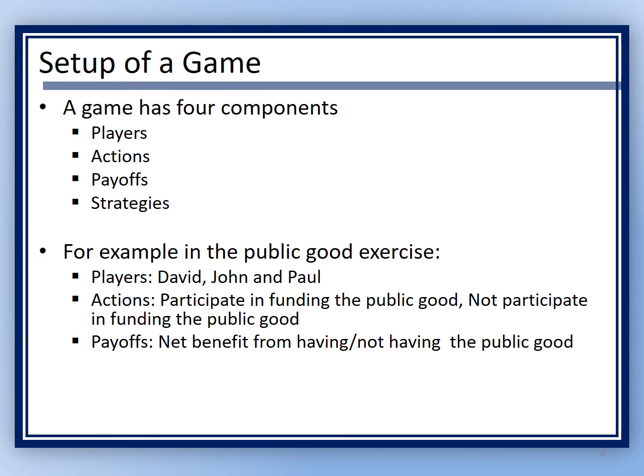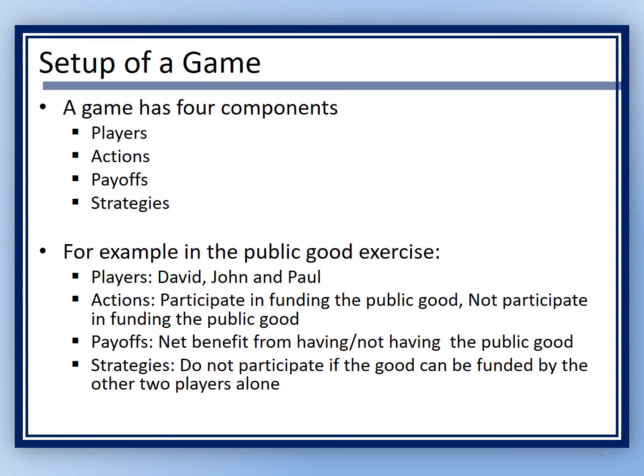Based on the benefit they can get from having or not having the public good, and based on their understanding of what the other players do, the strategy they formulate, as we talked about last time, is: do not participate if the good can be funded by the other two players. Participate if my contribution is needed, and not if my contribution is not needed.